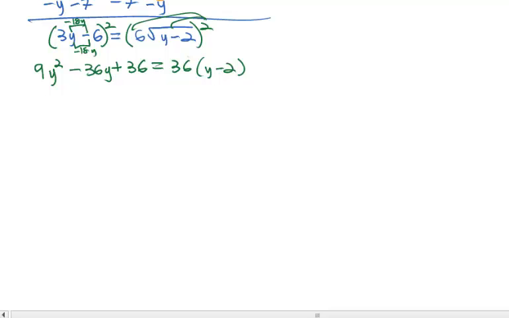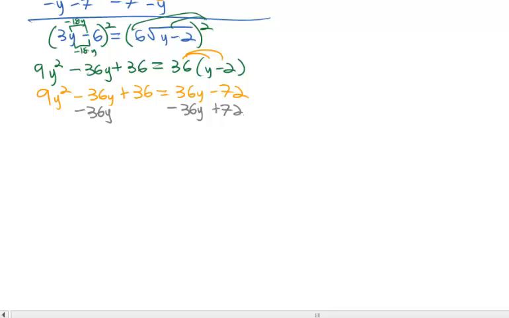We've now reduced this down to something we've been solving for a long time now. Distribute the 36 through, we have 9y squared minus 36y plus 36 equals 36y minus 72. Then we get the variables on one side by subtracting 36y. Actually, we're going to make it equal to 0 because we want to factor. Add 72, and we get 9y squared minus 72y plus 108 equals 0.